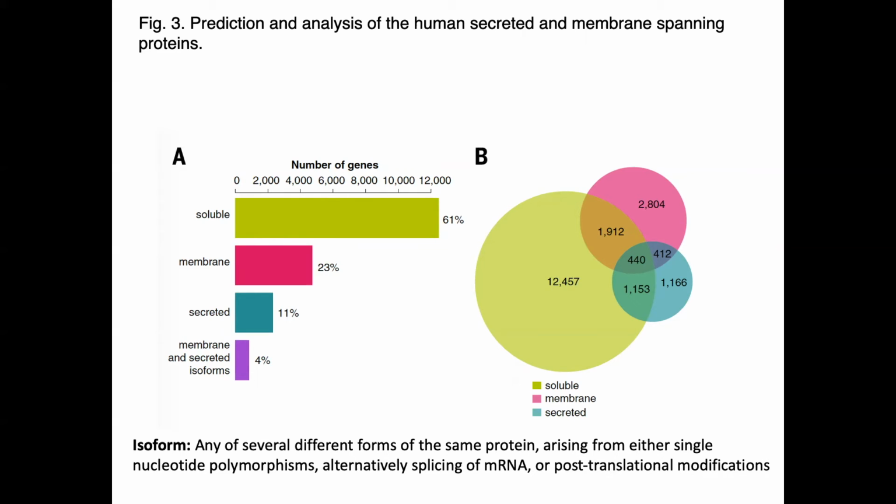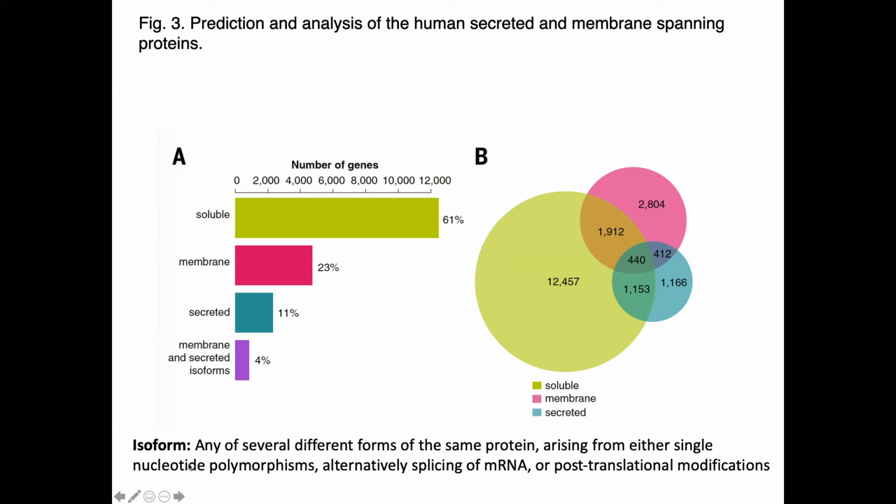And then figure 3B is again a Venn diagram. They're showing the numbers of genes in each of the 3 main subcellular localization categories: membrane, secreted, and soluble. The overlapped genes are isoforms that belong to 2 or all 3 categories. Then what are isoforms?